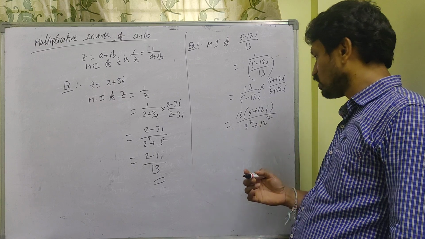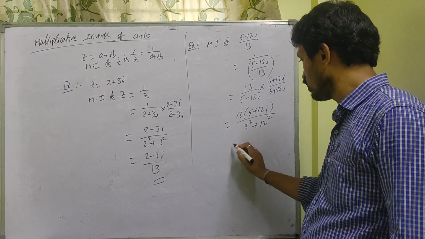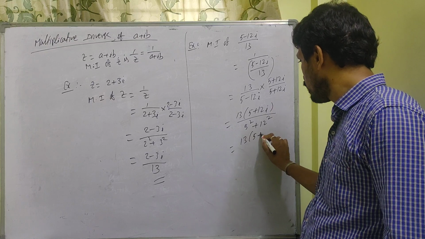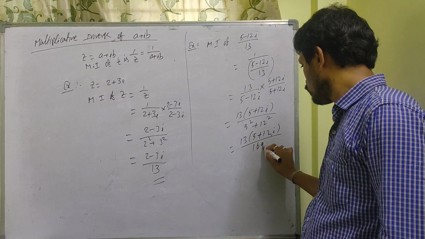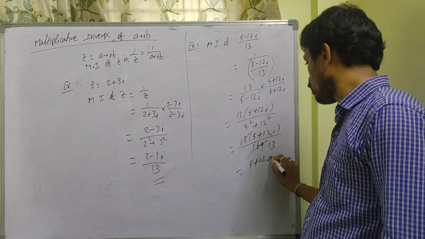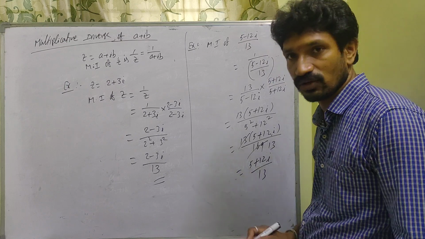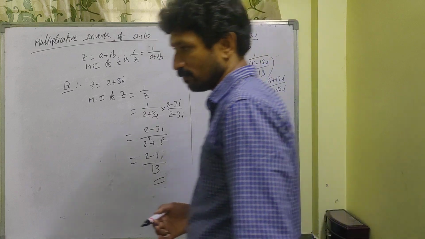See, 5 square plus 12 square, this is 144 plus 25, 169. So this is 13 into (5 plus 12i) by 169. This is 13 going. So (5 plus 12i) by 13. That is our required answer. Like that we have to find the multiplicative inverse.